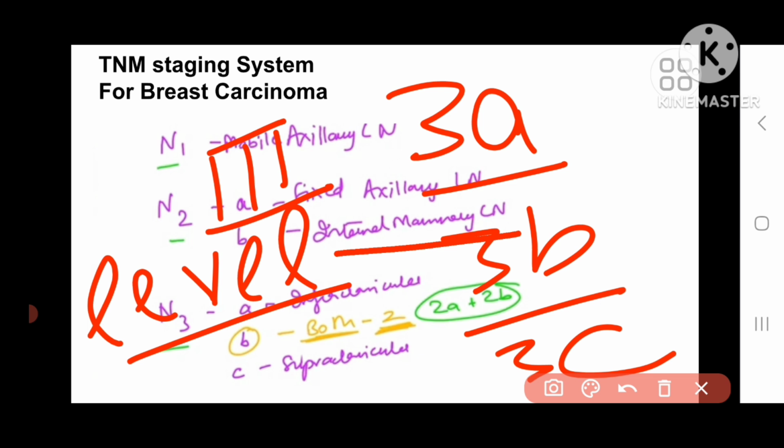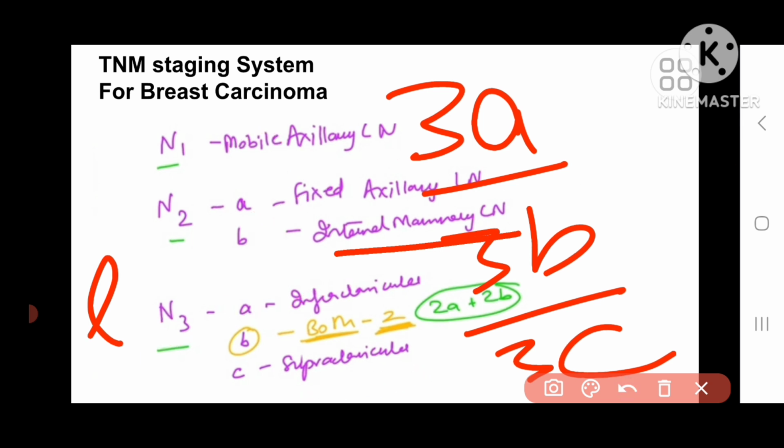So N2a plus N2b is equal to N3b, and N3c means metastasis to ipsilateral supraclavicular lymph nodes. So this is the lymph node metastasis.